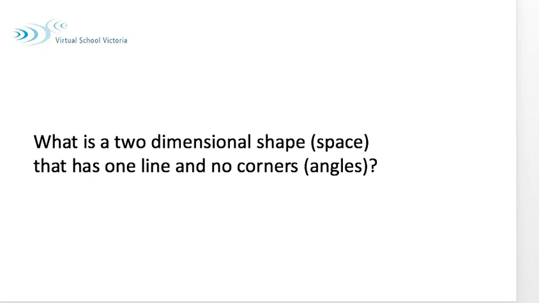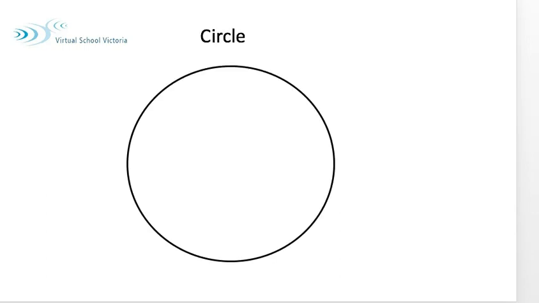Now, what is a two-dimensional shape or space that has one line and no corners or angles? Did you guess it might be a circle? There could be other shapes as well, like an ellipse, but we'll stick with the circle.